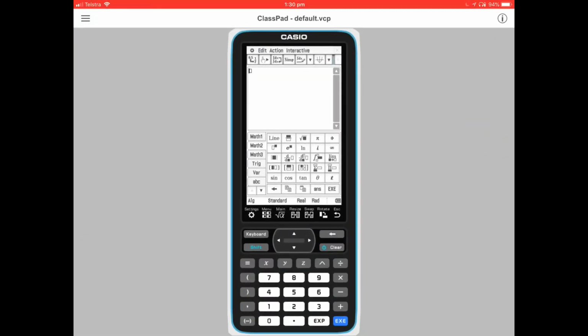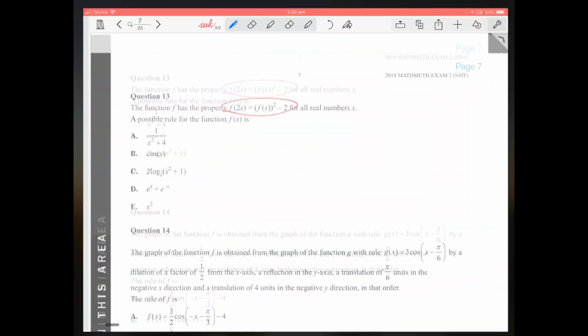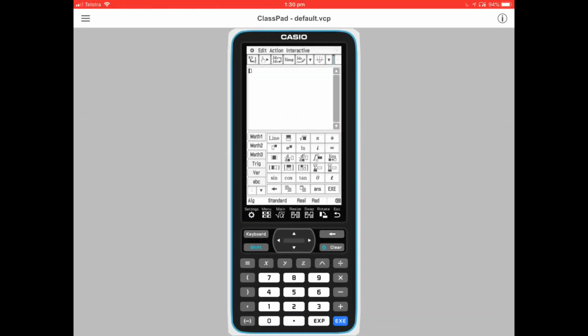So what I do is I define the first function, 1 on x squared plus 4. So interactive, define 1 on x squared plus 4.